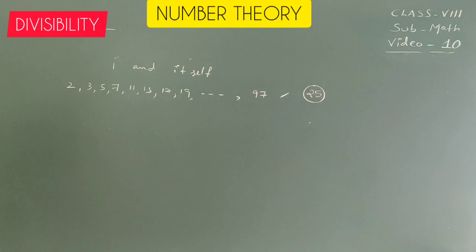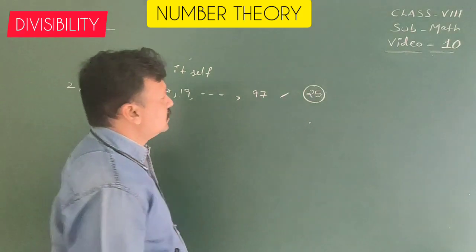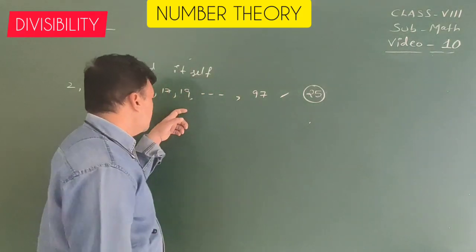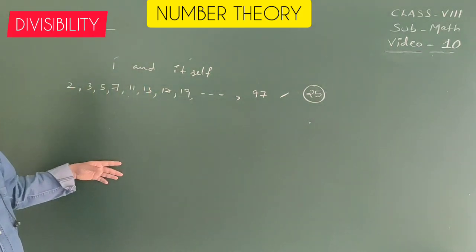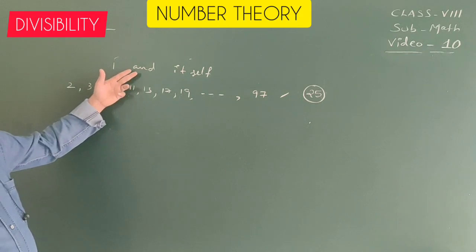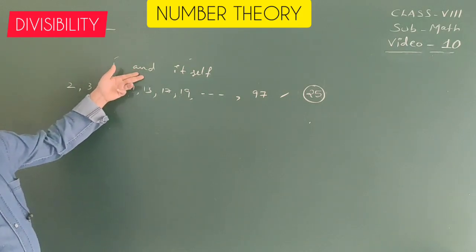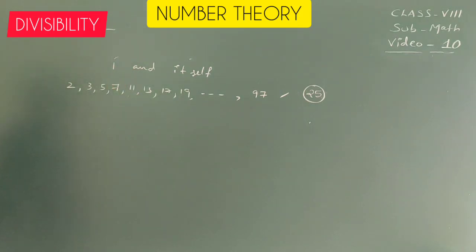We are all aware that 1 is neither prime nor composite. Composite means it has at least 3 factors. Other than 1, a number which is not prime is composite.